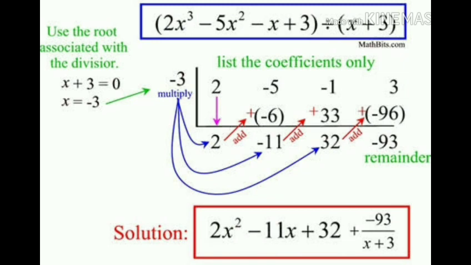Next, you must draw a diagonally halved rectangle, and you will put there the list of coefficients of your dividend. Now let's start solving using the synthetic division method. First, list the coefficients of your dividend, which are 2, negative 5, negative 1, and 3.